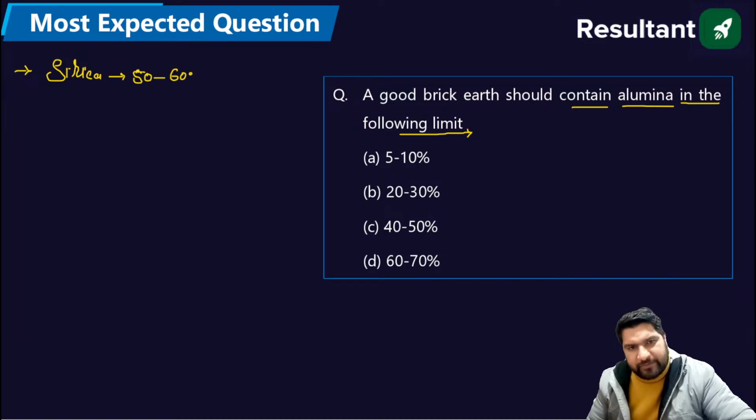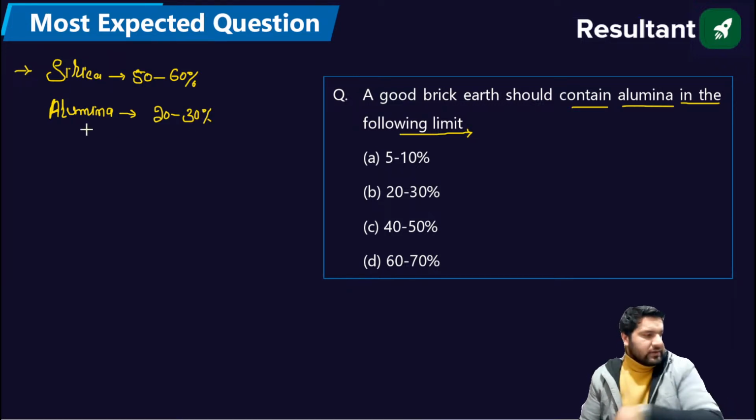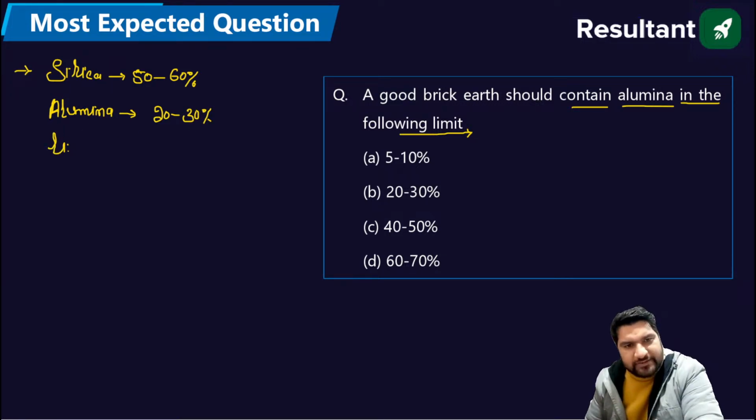Absolutely fine. Alumina will be how much? 20 to 30%. So lime will be how much? Lime is 3 to 4%.